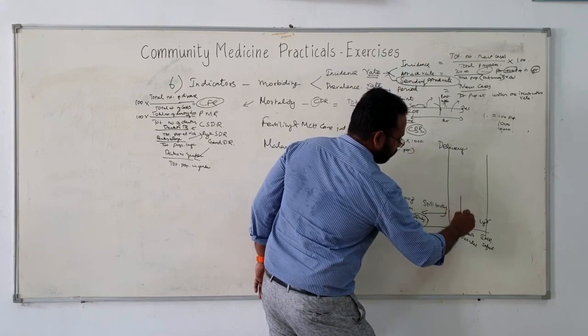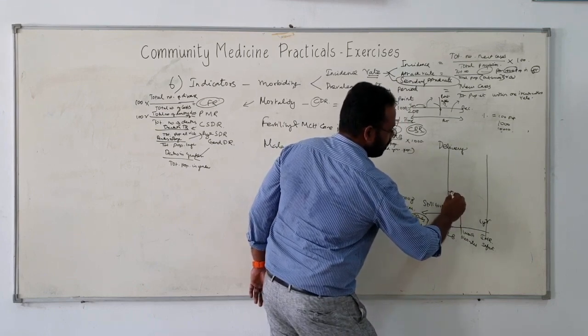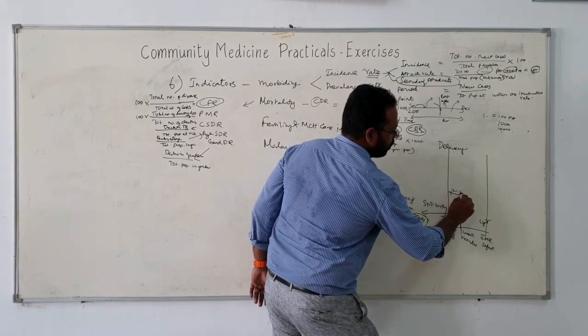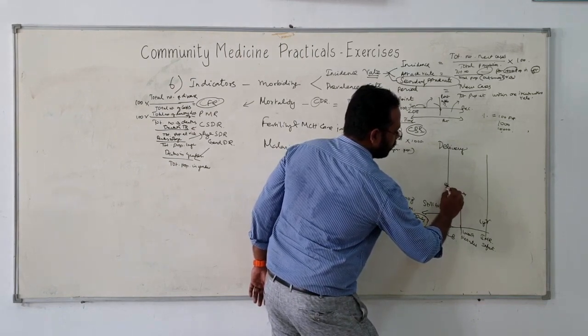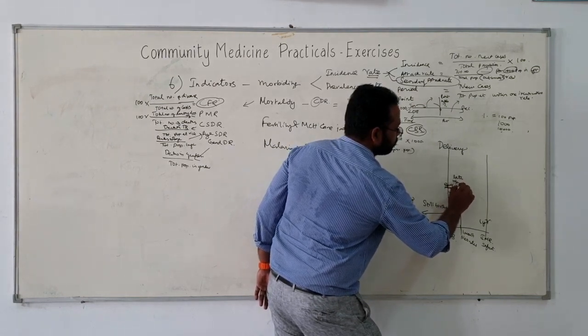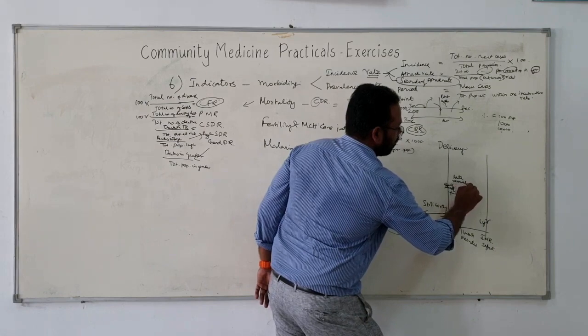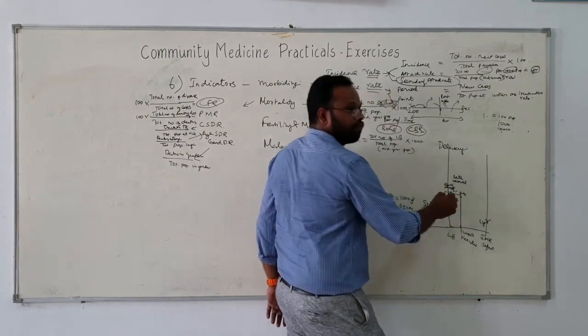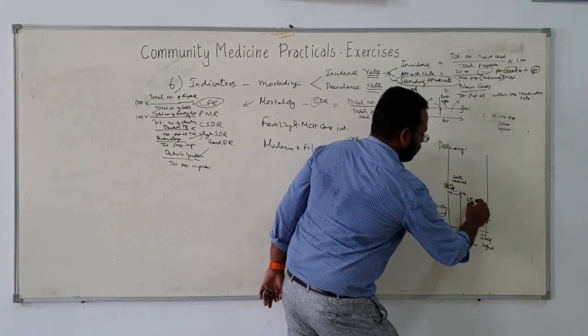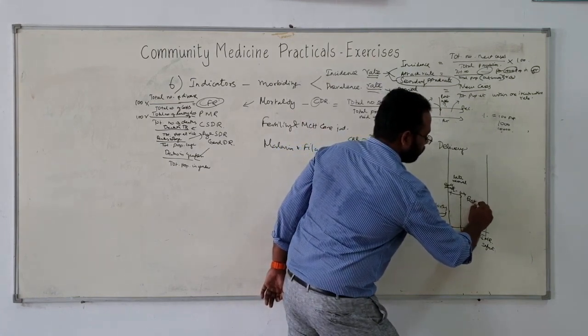In 1 month we have two categories: the first week is called the early neonatal period, and the second to fourth week is called the late neonatal period. From after 1 month to 1 year, it is called the post-neonatal period.